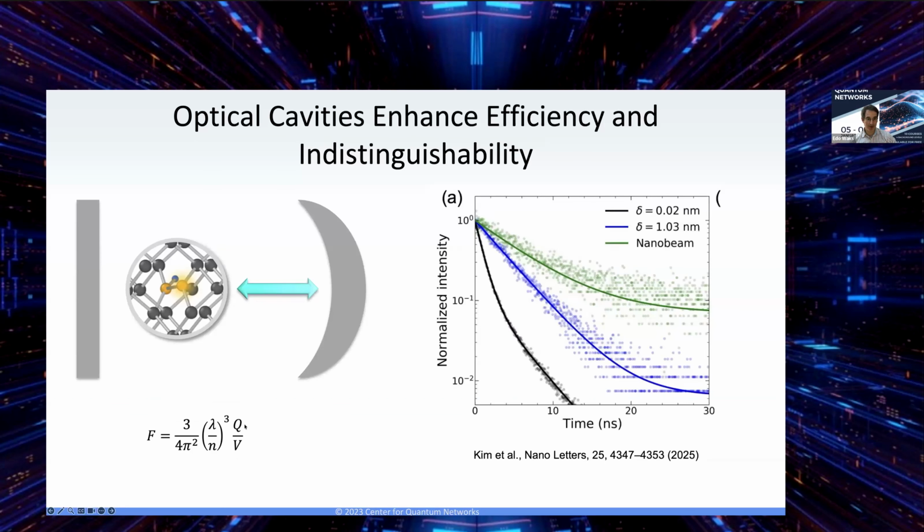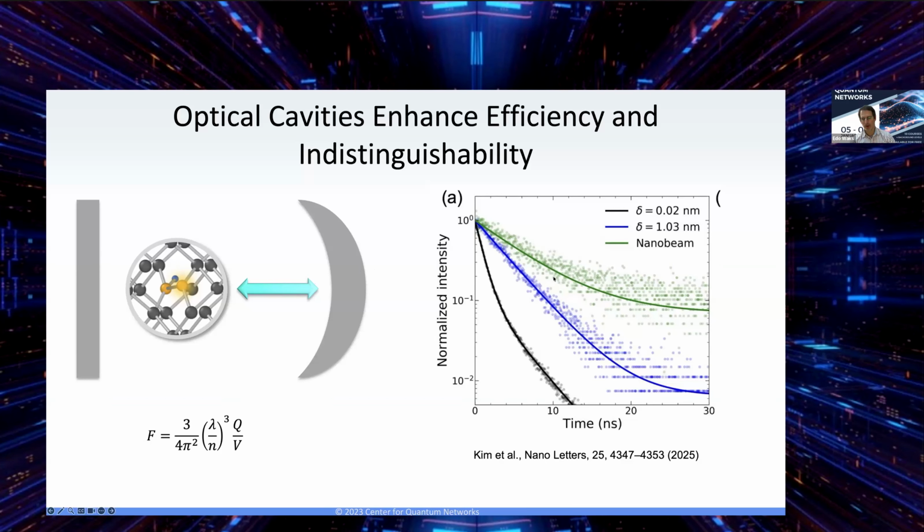And so if we can get a cavity with a high Q and a small V, we can strongly enhance the emission of the emitter, and we can also redirect it into a cavity mode that is easier to collect, has less divergence than 360 degrees. And so that allows us to improve both its collection efficiency and its indistinguishability simultaneously.